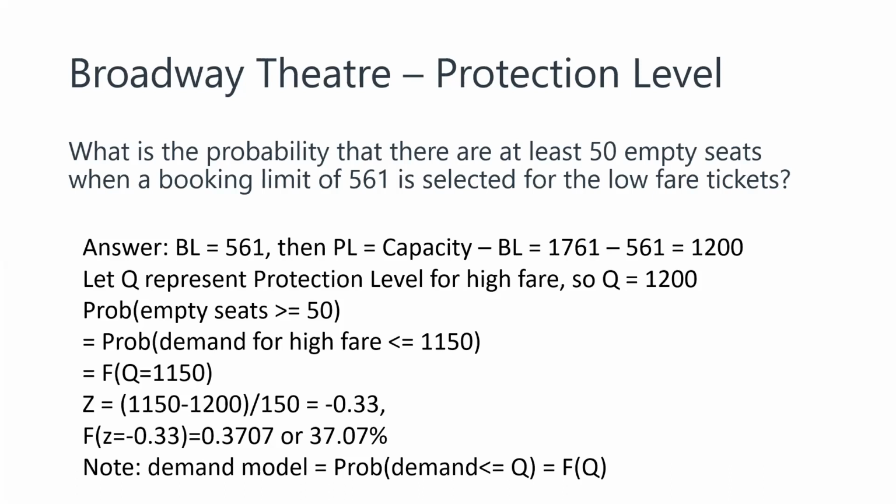Just to be clear on the Z tables: if we know Z and are looking for a probability, that's the value inside the table. But if we have a probability, more than likely we're plugging it back into some type of formula.